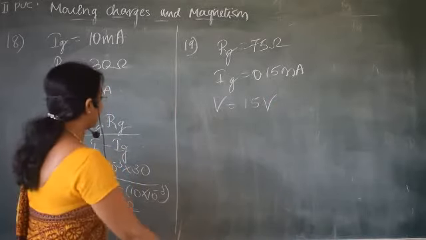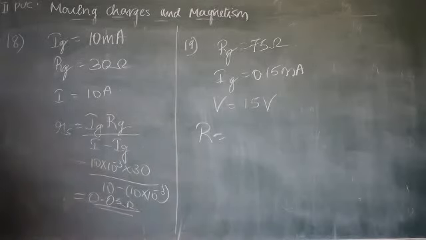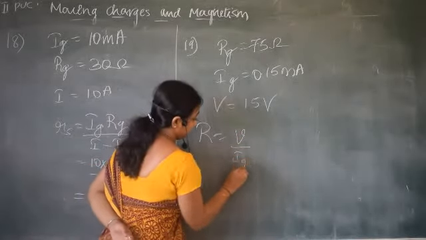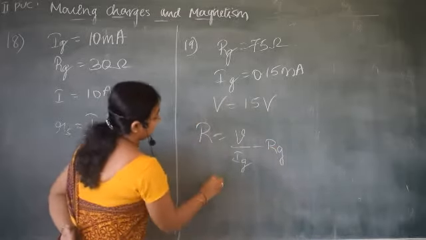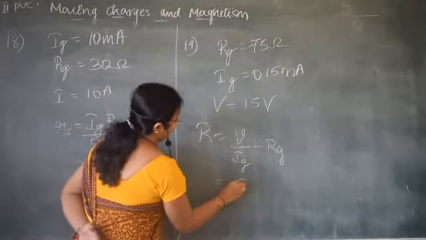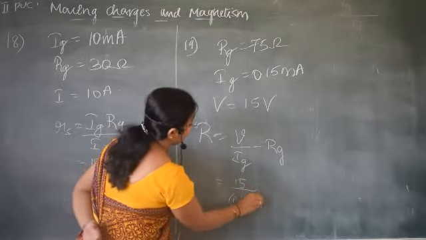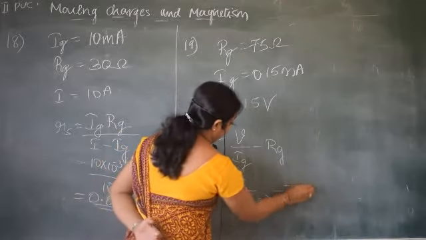The formula to calculate is R is equal to, what was the formula we got at the end? V by Ig minus Rg, correct? When we substitute, V is 15 divided by 0.15 into 10 to the power minus 3, minus Rg which is 75.